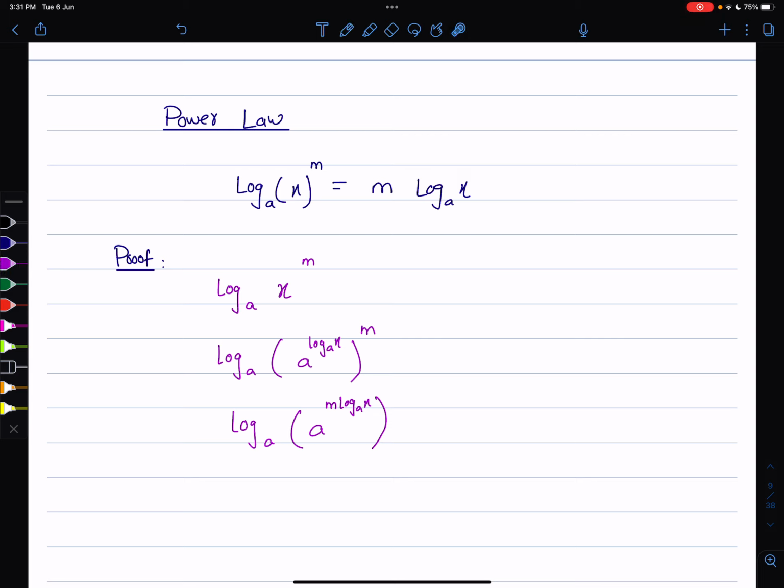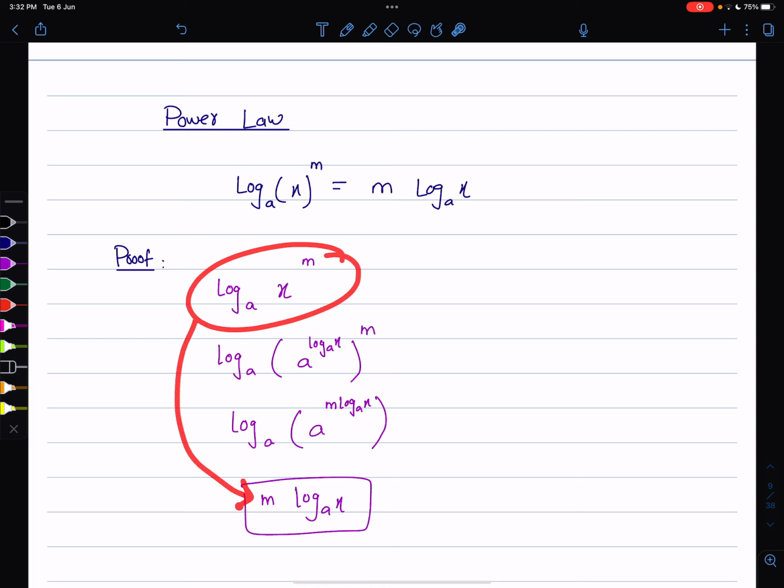Now we have a single log to the base a of a raised to this power. The result is going to be this power, so the final answer is m log to the base a of x. So we started off with this and we ended up with this. So log to the base a of x to the power of m can be expressed as m times log a of x.